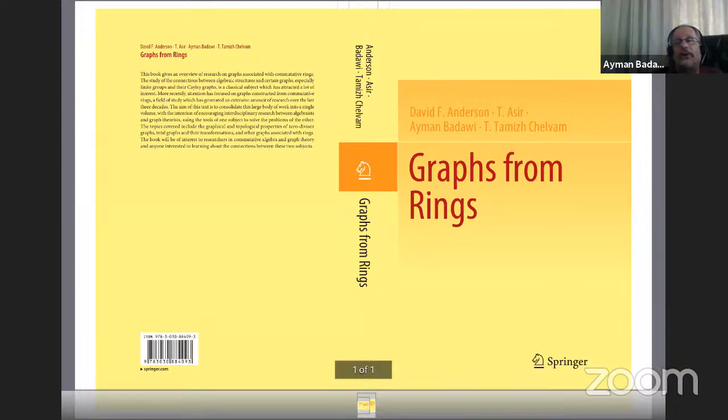Yeah, this is, by the way, a book that Professor Selvam and Asir and our colleague David Anderson and myself wrote, and this is Graphs from Rings. And this book is, to the best of our knowledge, the first book in the literature about graphs from rings.